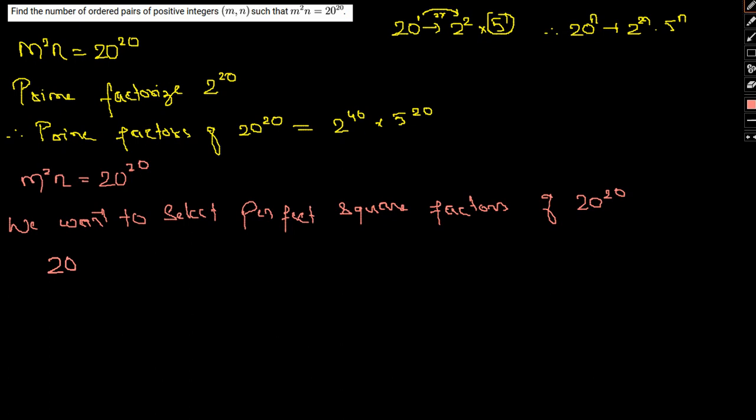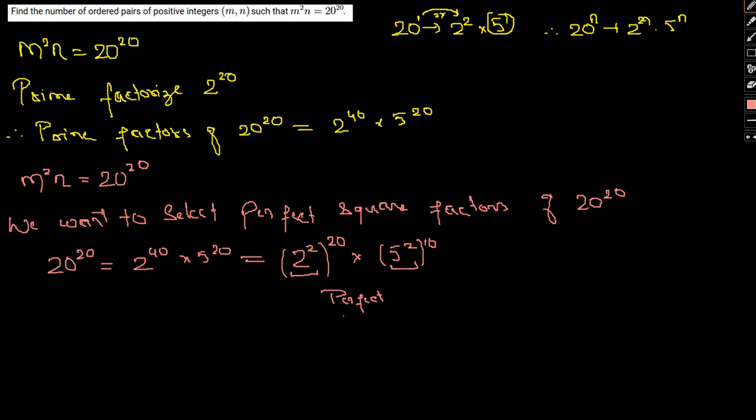Let's take a look. 20 to the power 20 can be written as 2 to the power 40 into 5 to the power 20. So if I am to write this as factors of perfect squares, let's take 2 square to the 20 into 5 square to the 10. Okay, here both these terms are perfect squares.